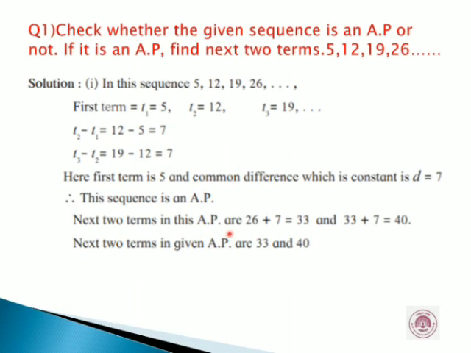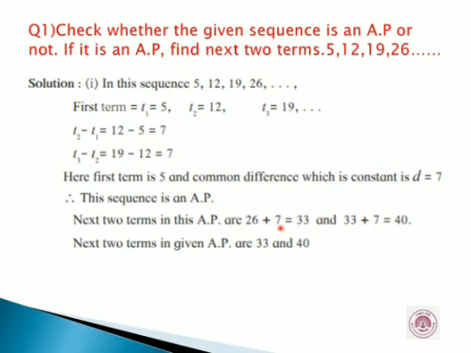Next, how will we find out the next two terms? First term is 5 only. Second term is A plus D, that is T1 plus D, 5 plus 7, which is 12. Third term is 19 and fourth term is 26. We have to find out the next two terms. 26 plus 7.